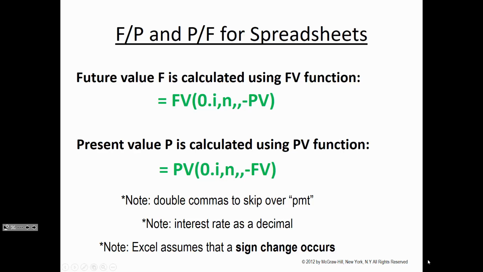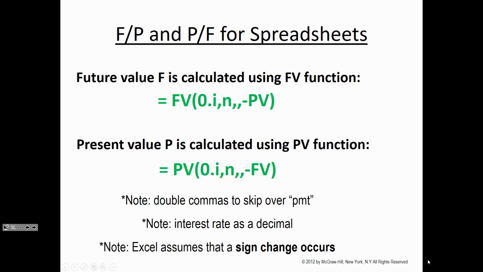Let's just summarize what we saw before with the PV. FV is the same kind of idea, although obviously it's solving for a future value rather than based on a present value. Okay, so the form of both functions is you're starting with an equal sign to tell Excel that it's an equation that you're going to be doing.